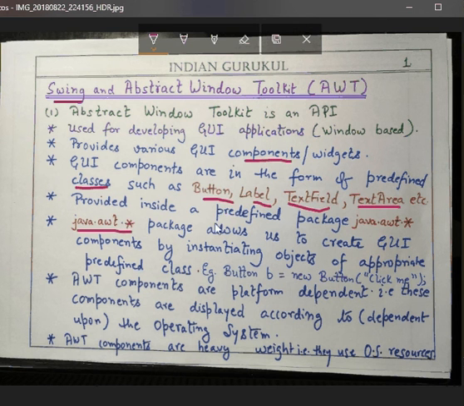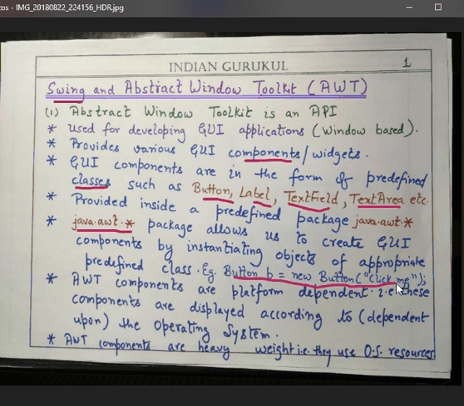We need to first import this package into our program, the java.awt.* package, and it allows us to use the GUI classes. Like we have created this button in our example.